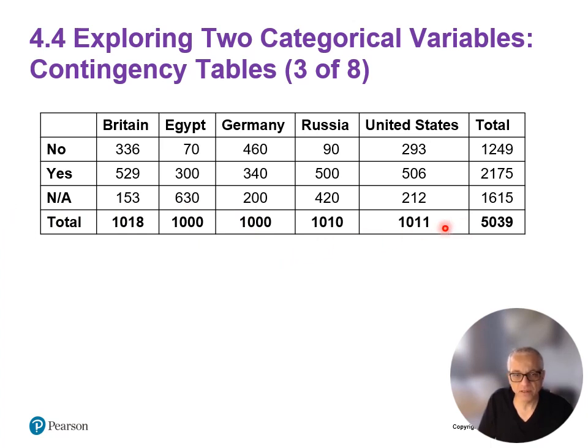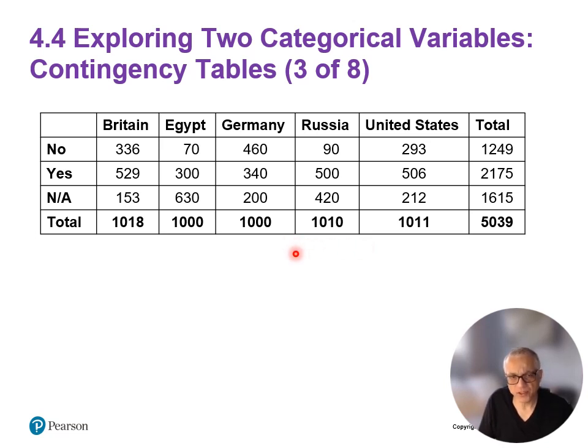For that reason, we will use this term margin later on. For instance, if I ask you to pick someone at random from the total 5,039, what would be the probability that this person is from Germany?